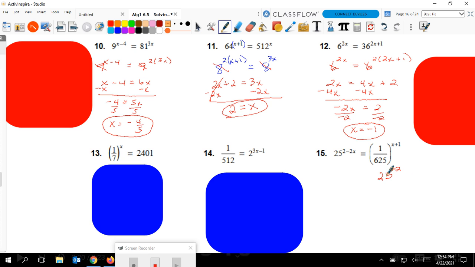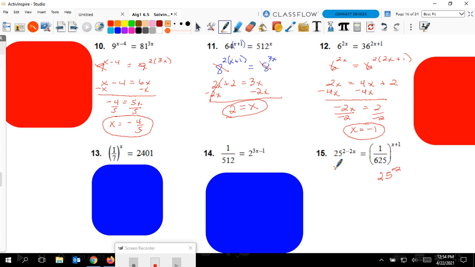So 25 to a -2 power will be the same thing as 1 over 625. So as you can see on these ones here, to change this you'd want to make into a negative exponent. This one you'd want to make into a negative exponent with these fractions.